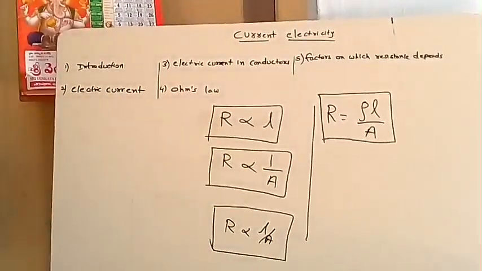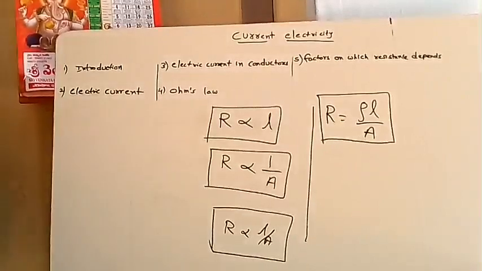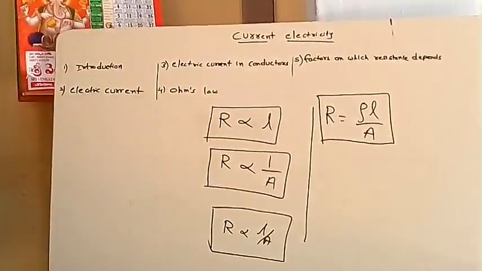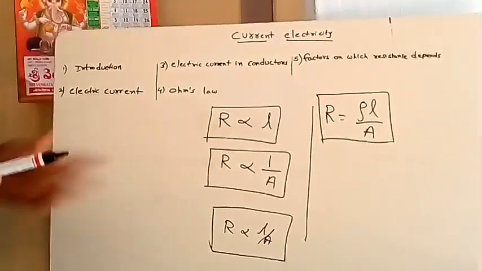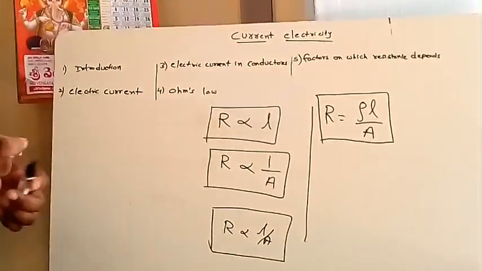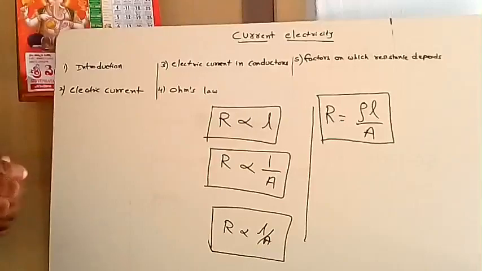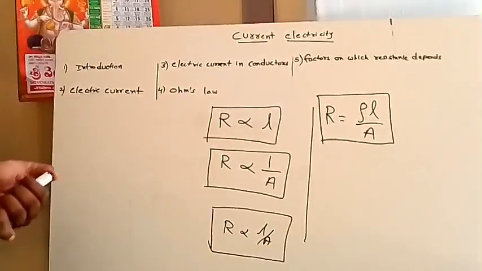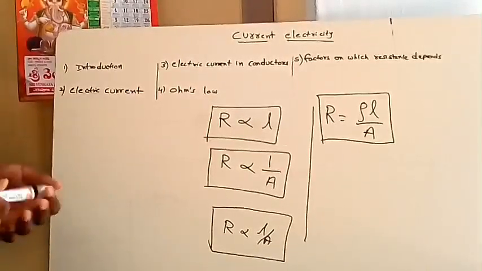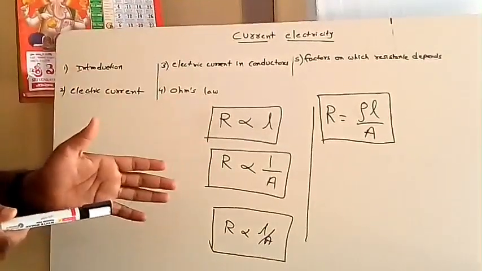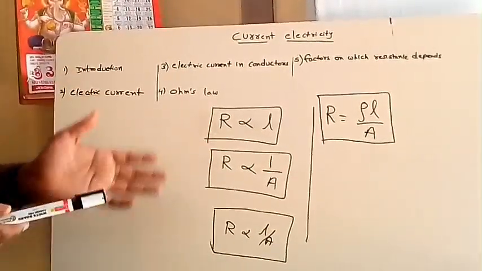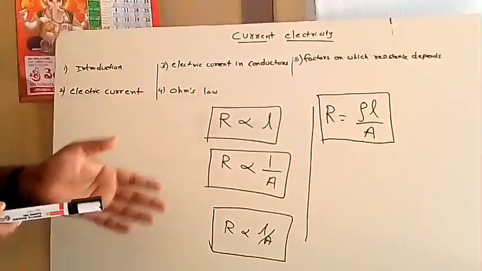Now, once again, we can recollect what we learned from today's lesson. What is the main difference between electrostatics and current electricity? If the charges are at rest, that we call electrostatics. If the charges are in motion, that is current.